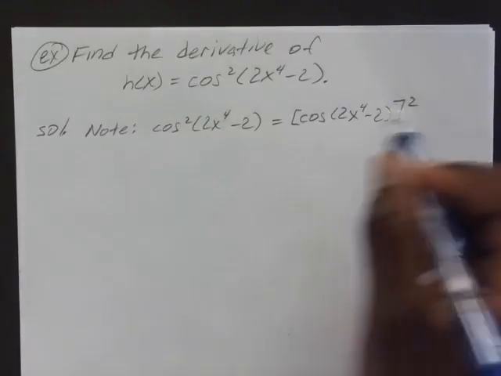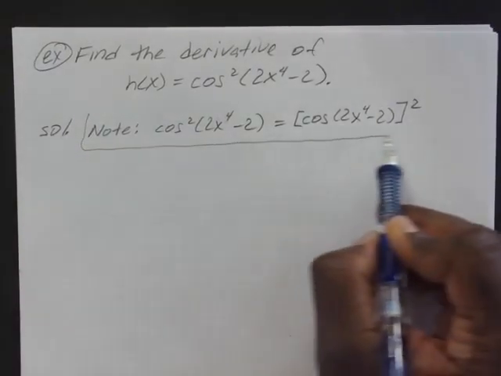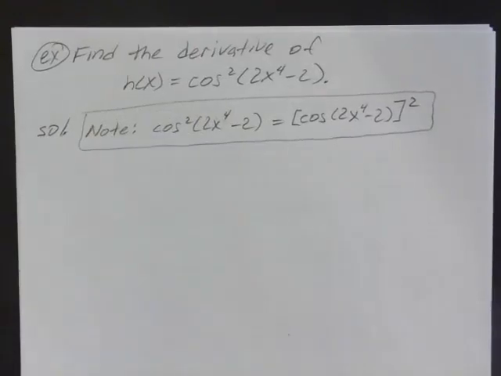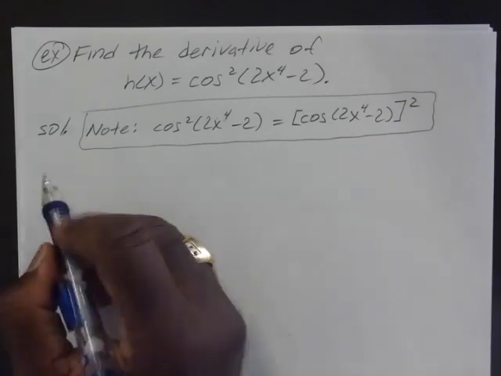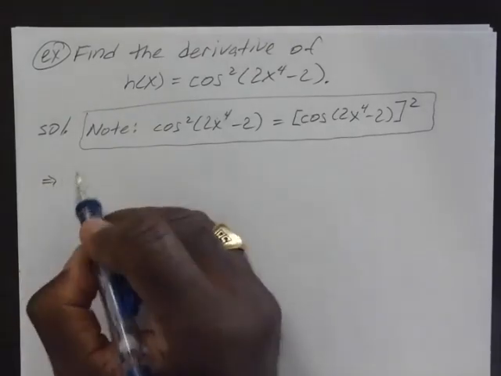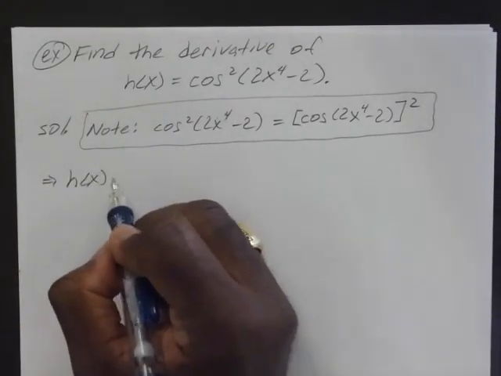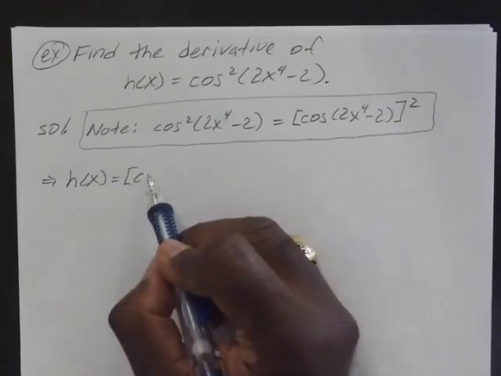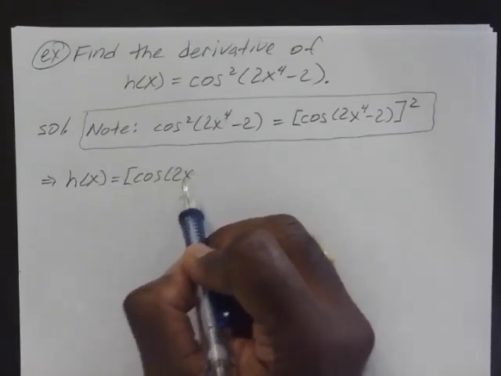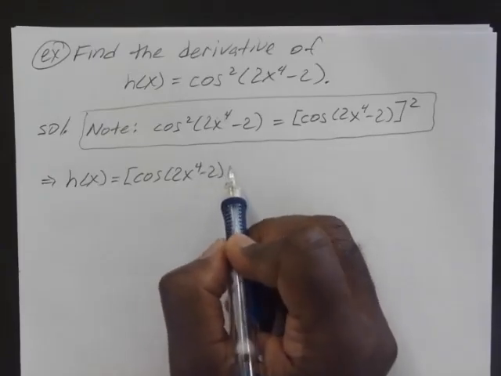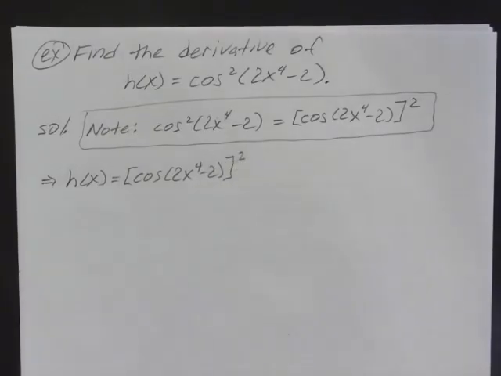And that whole thing squared. Okay, so we now have h of x is equal to cosine of 2x to the 4th power minus 2, and that entire thing squared.